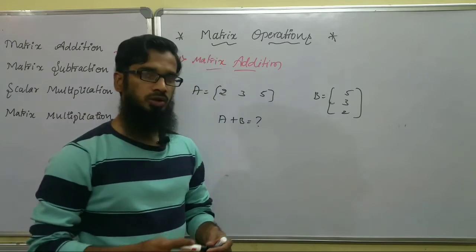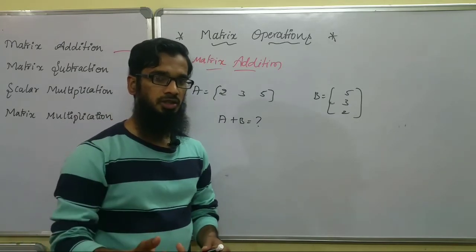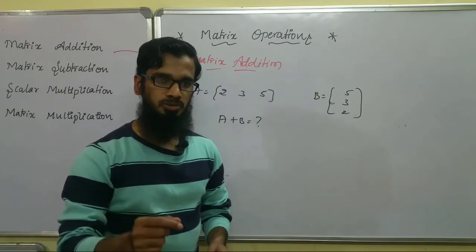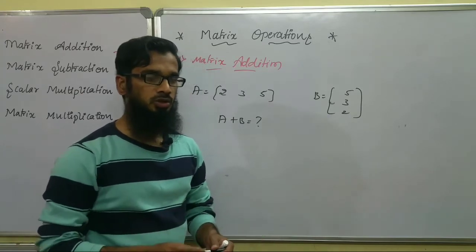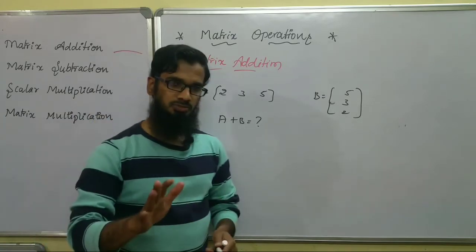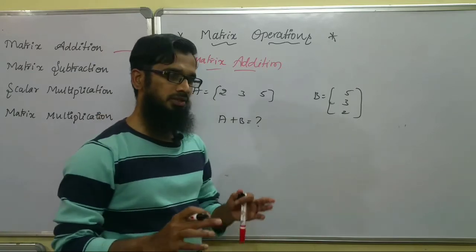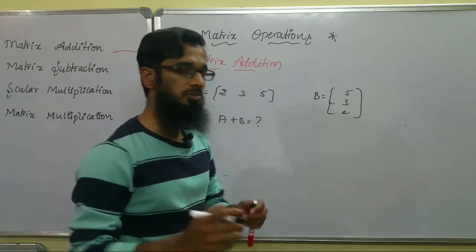Before starting the matrix addition, we have to verify whether matrix addition is possible for these two matrices or not. How do we identify that? Matrix addition is possible only when the order of the two matrices is the same.